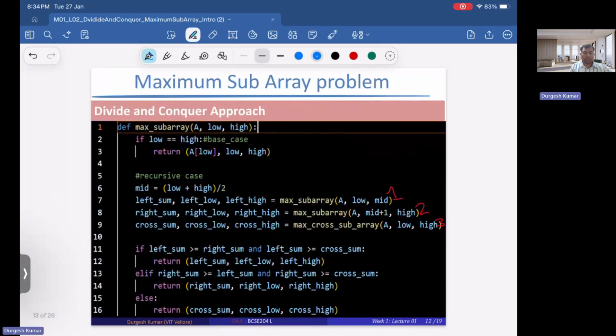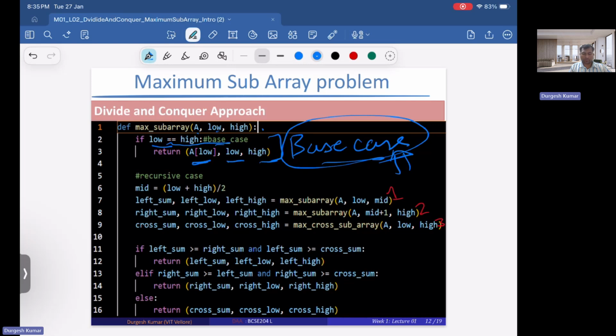Let us quickly dive into the pseudocode. Maximum subarray problem, A, low, high. We have to first check the base case. The student failed to write the base case in their programming assignment or theoretical assignment. So if low equals high, it means the array has a single element, so return A, low, high.